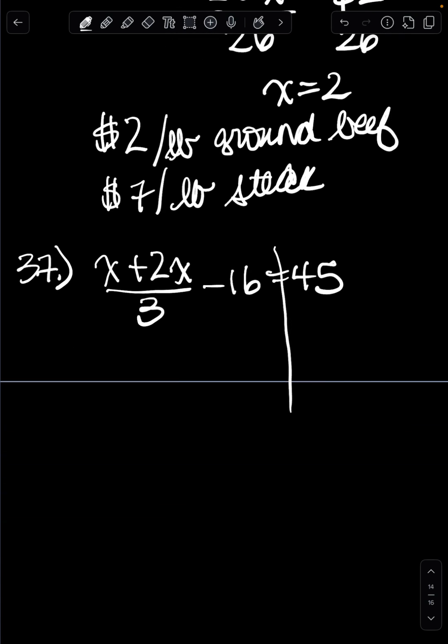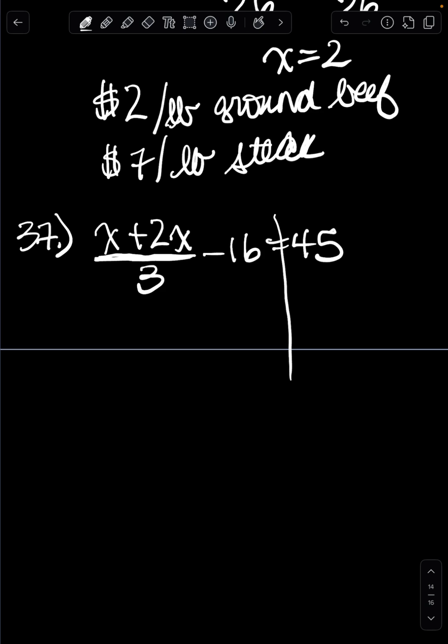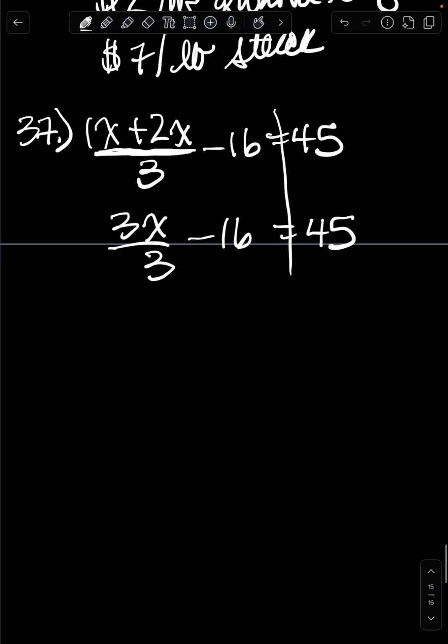Okay, there's my equal sign. So I've got to clean up everything on the left first. All right, so here's a grouping. It's grouping these like terms, x plus 2x together. So 1x plus 2x is 3x over 3, minus 16 equals 45.